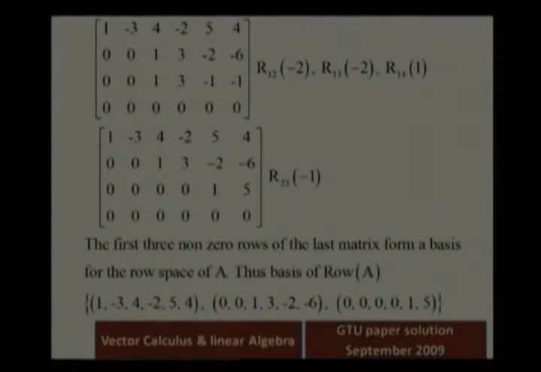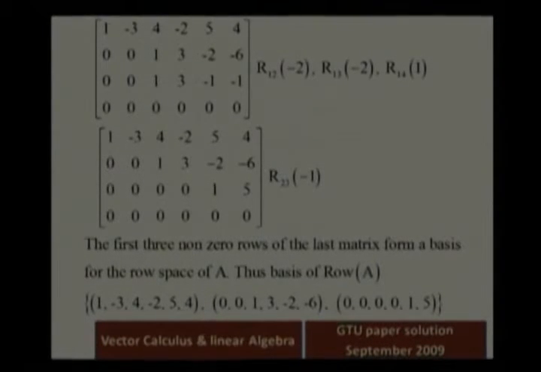So whenever we find the basis for the row space, we have to consider the non-zero rows of the row echelon form matrix. There are only 3 non-zero rows. So these 3 row vectors are exactly the basis vectors for the row space of A, right?